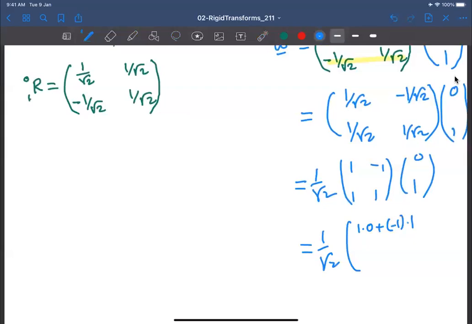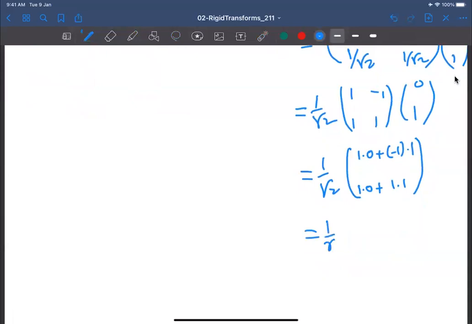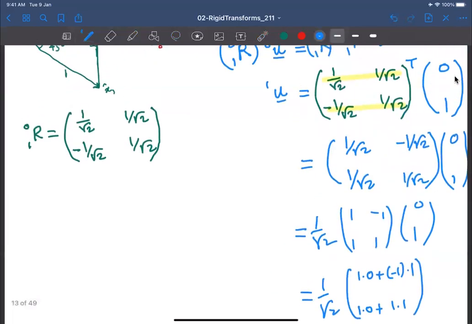And then the second row is going to be 1 into 0 plus 1 into 1. And this is equal to 1 over root 2, and the first one is a negative 1, and the second one is going to be a 1. So this is the representation of u in 1.